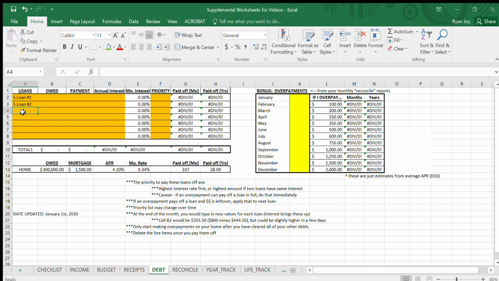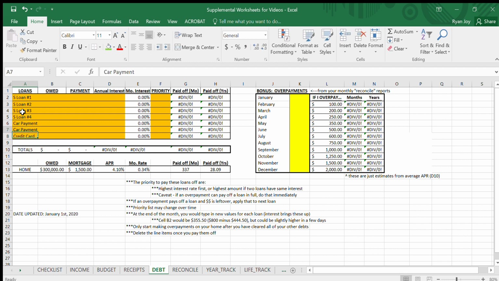And then we have student loan number three, which is one of Sarah's, student loan number four, and then they have a car payment and a second car payment and maybe some credit card debt. So let's just say that these are all of the ones that you have for your loans.